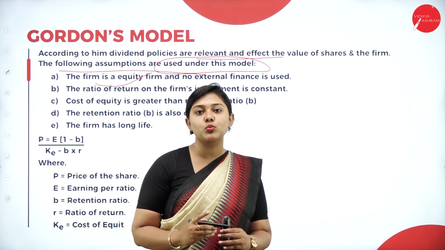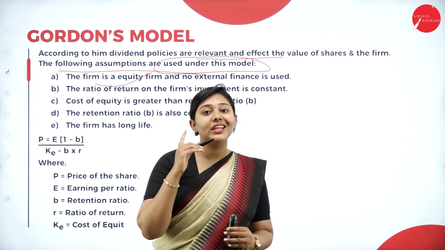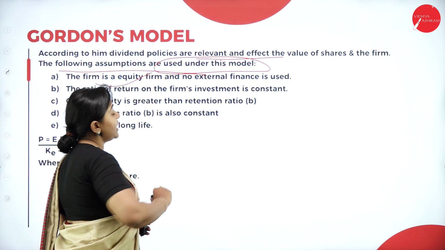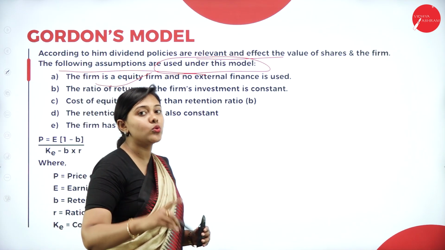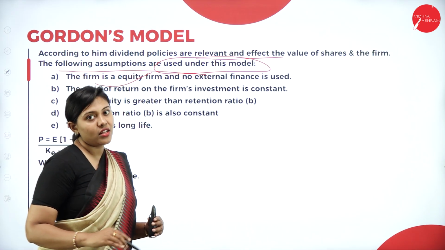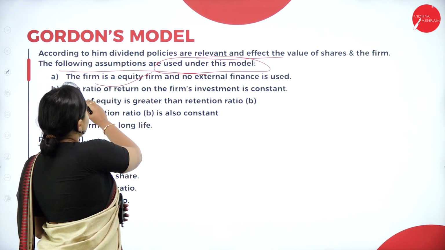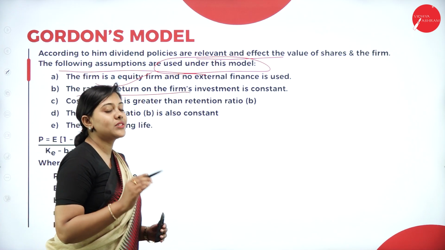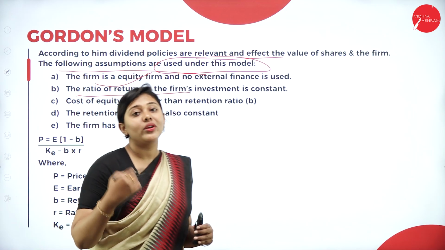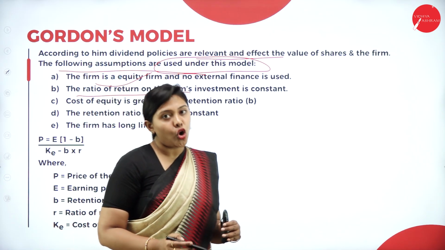The firm is using only one source of finance, that is equity finance, so no other external finances are being used. The ratio of return on the firm's investment is constant. Whatever return is coming, it is assumed to be constant.